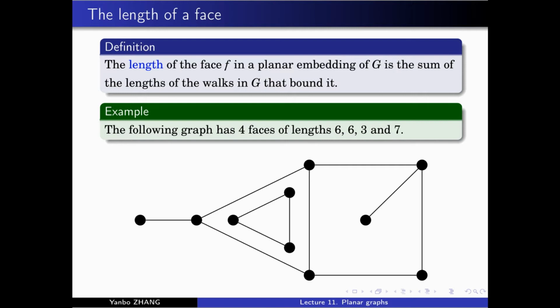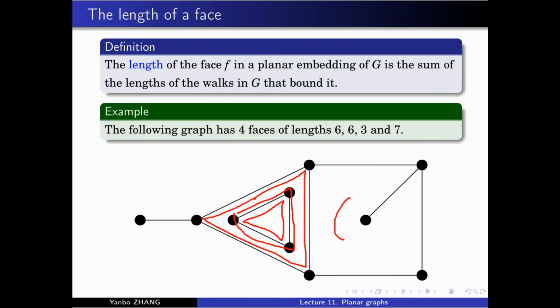Here is another example. Let's calculate the length of the four faces. This face has 1, 2, 3. The length of this face is 3. The length of this face is 1, 2, 3, 4, 5, 6. The length of this face is 6.